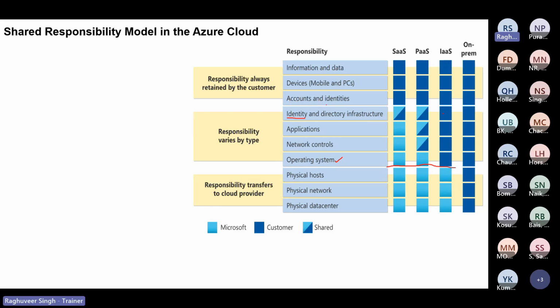Then comes accounts and identities. So your subscription, various accounts that you create or identities that you will configure, applications that you will configure inside Azure Active Directory will be completely your responsibility.